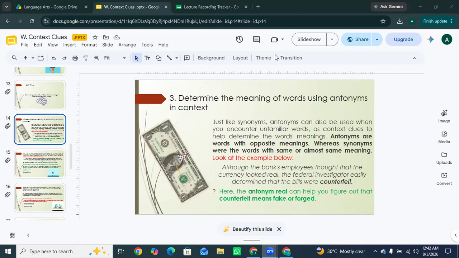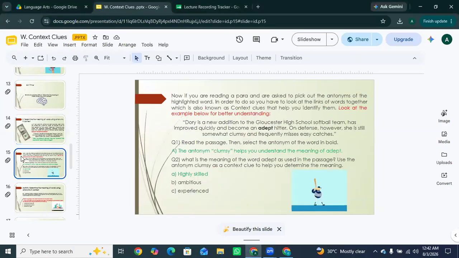Since it is the opposite of real, counterfeit means fake. So look for contrasting words or transition words like however, but, although to support antonyms.